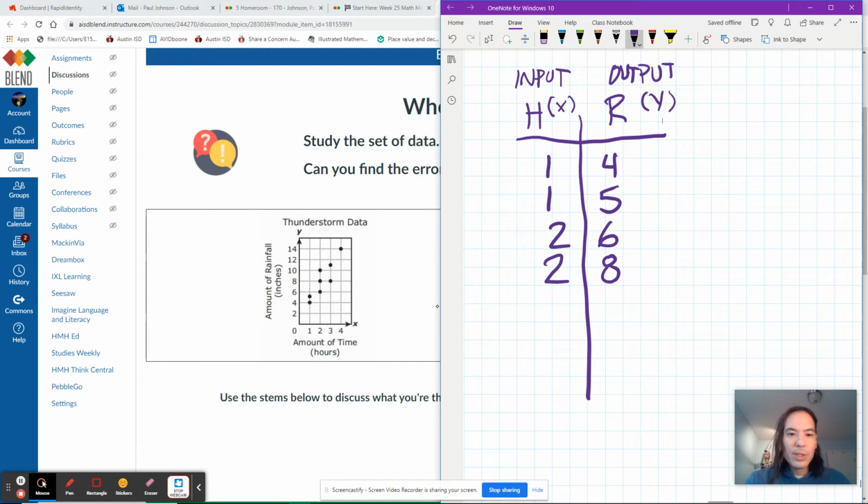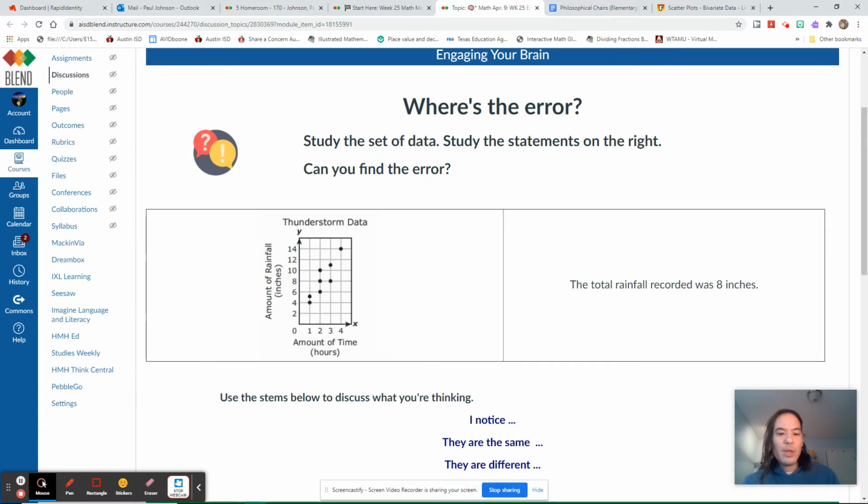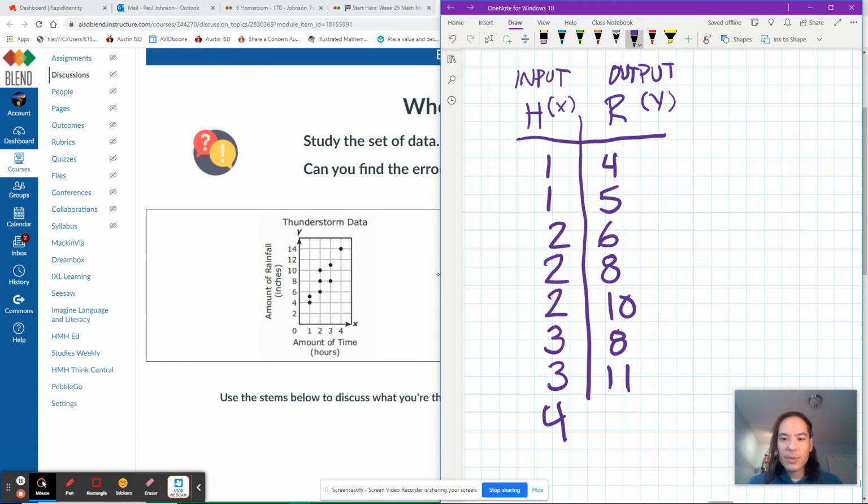The next one, we ran 2, and we jumped 10. The next one, we ran 3, and we jumped 8. The next one, we ran 3 hours, and it rained 11 inches. The next piece of data, if it rained for 4 hours, it rained 14 inches.